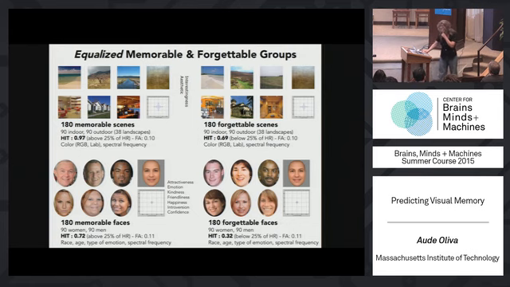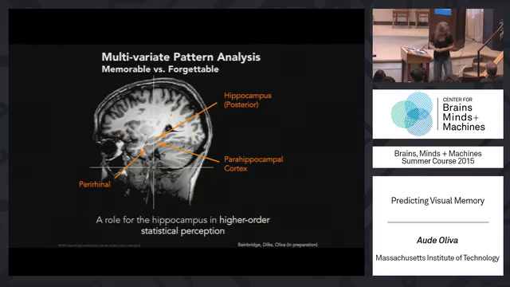So two years and four studies later, we replicated basically this study four times with many different methods, and I'm just going to show you here one snapshot of the result. This is a multivariate pattern analysis looking at the memorable versus the forgettable groups.